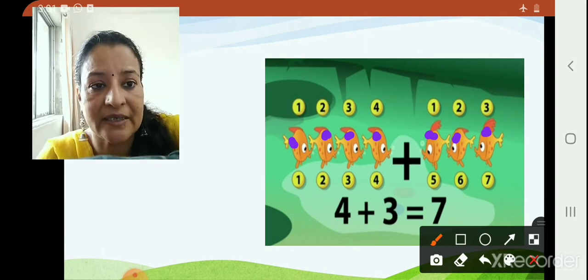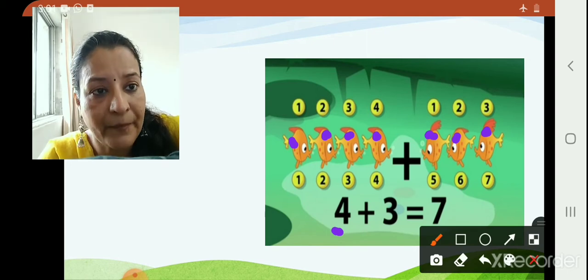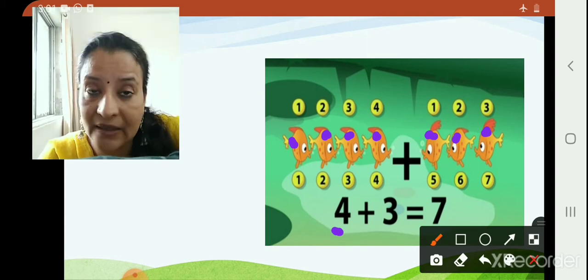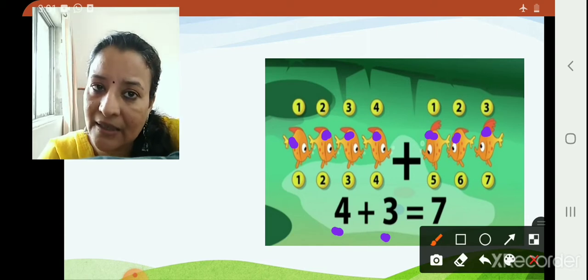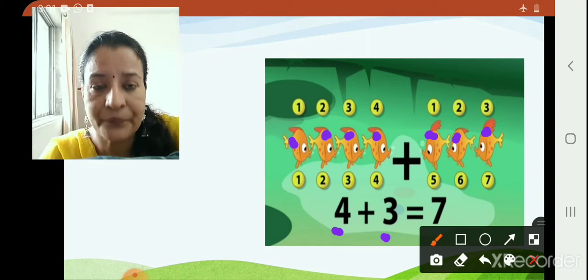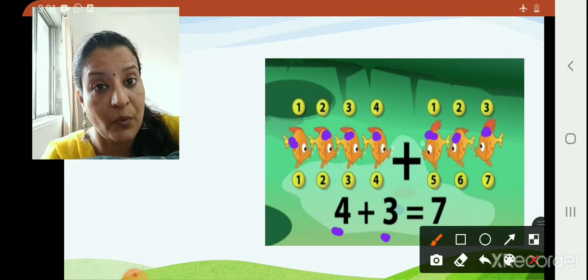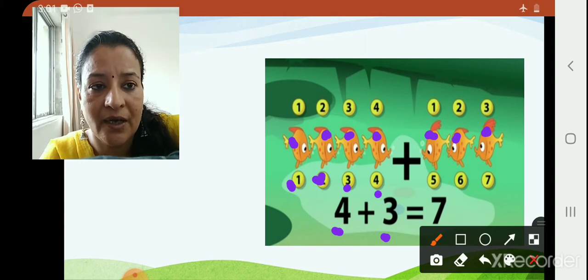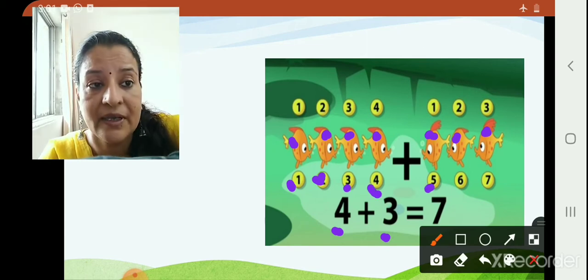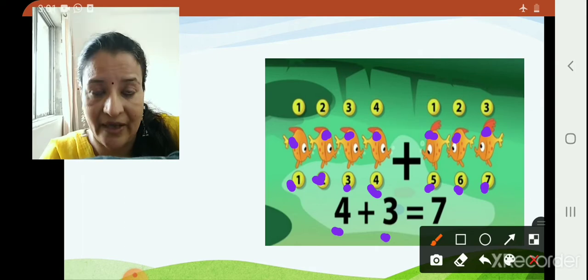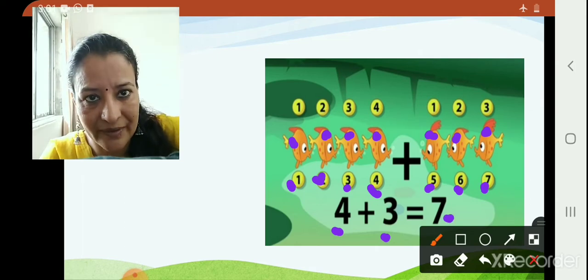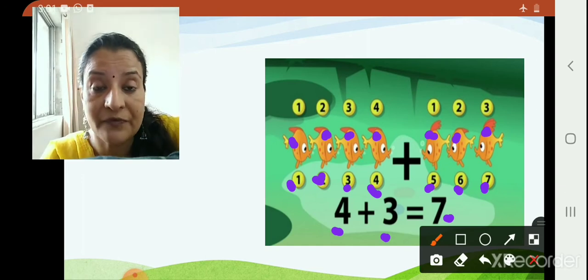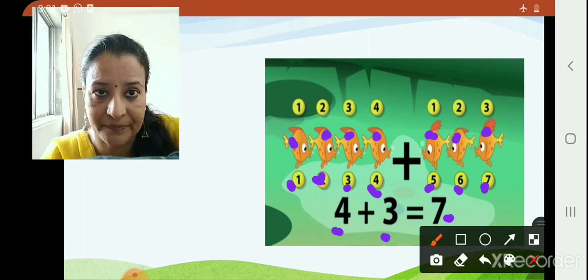So first set 4, plus sign, and in the second set 3 fish. So 4 plus 3. Now we will start counting from 1. 1, 2, 3, 4, 5, 6, 7. So total 7 fish. Okay children, this was what we have already learnt.